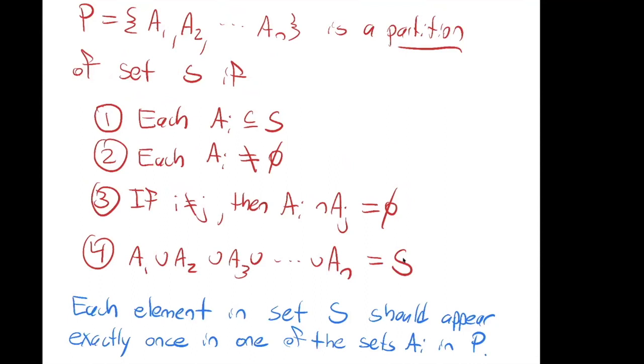If it only occurs in one of those sets, that ensures the intersection of any two sets is empty. And each element appearing in exactly one set means that when we take the union back together, we get S.